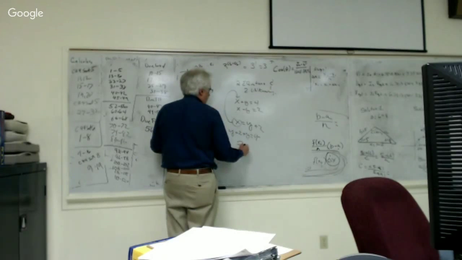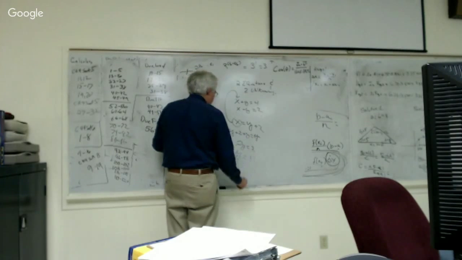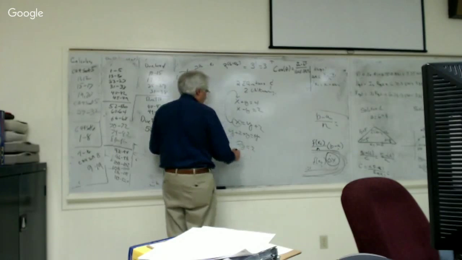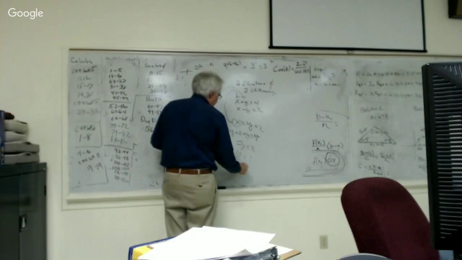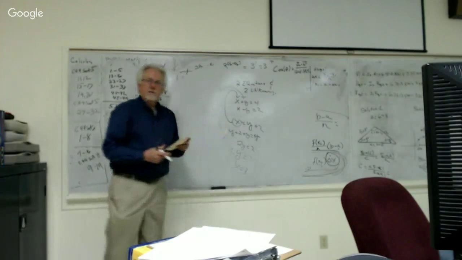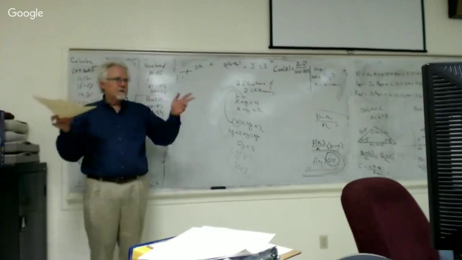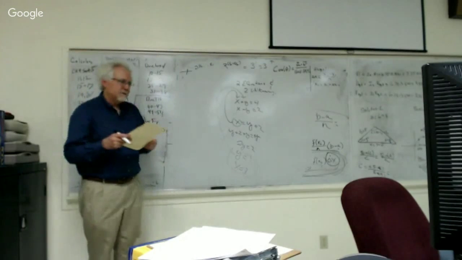I have 2y is equal to 2, y is equal to 1. Then you plug the 1 in, and 1 plus something is equal to 4, so x is equal to 3. Everybody good with this?